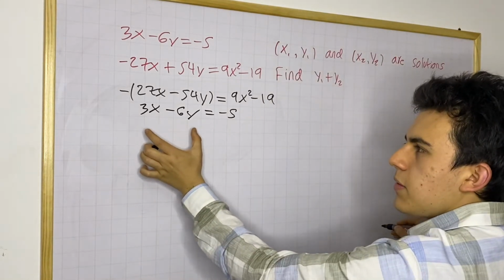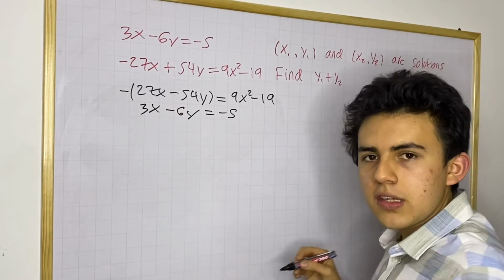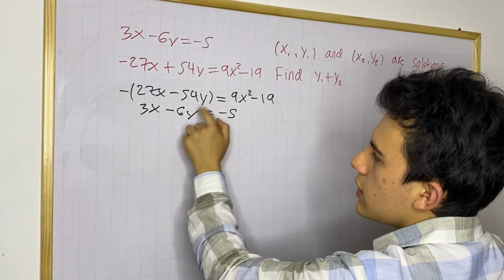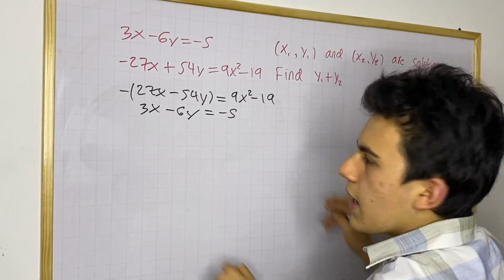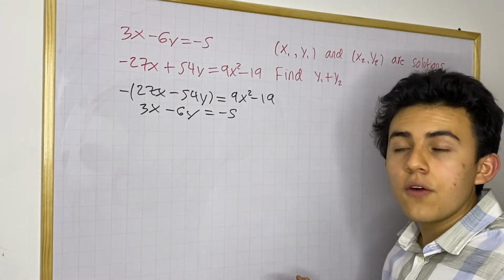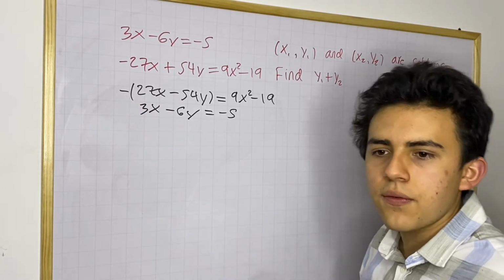Now you can see maybe some resemblance between these two numbers in the bottom and the coefficients in the top. These two numbers are factors of the numbers right there. And the numbers in the top share a common factor of -9. Technically it's -9 when you multiply by this -1.